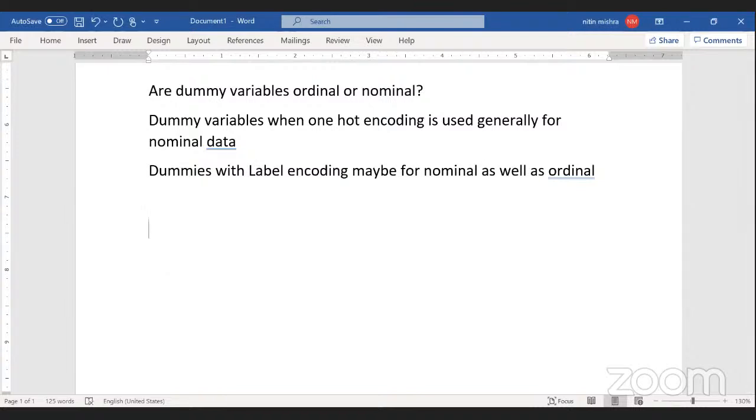Now, continuing our discussion with reference to the dummy variables.